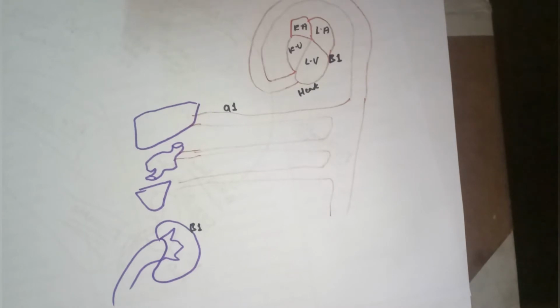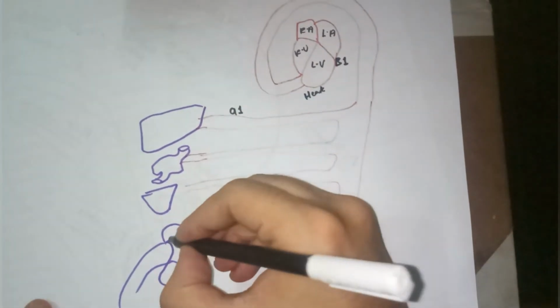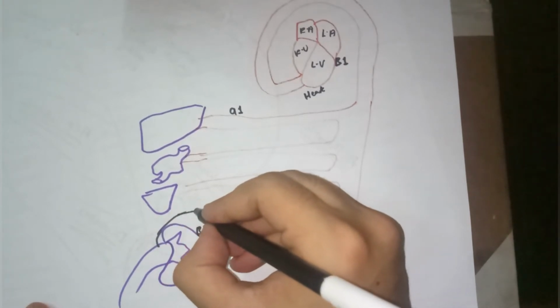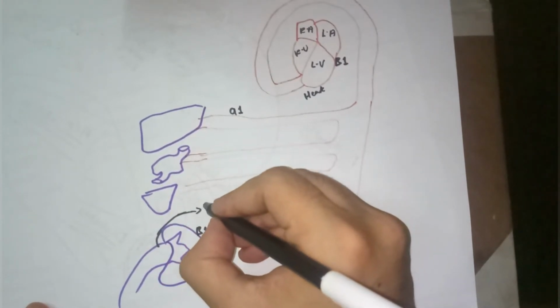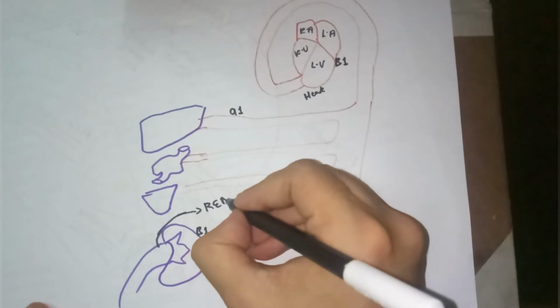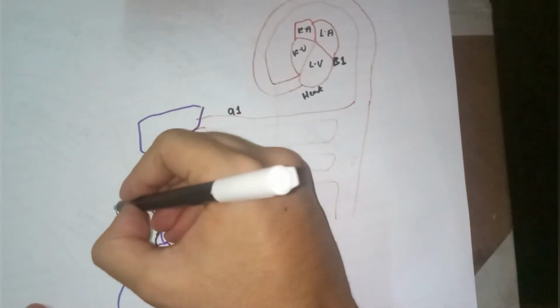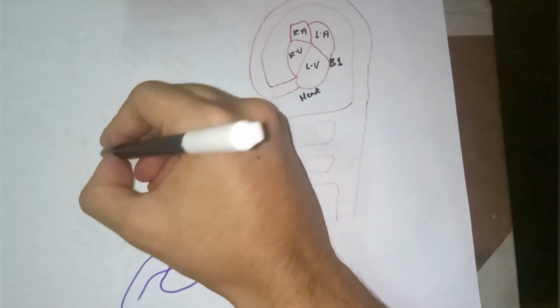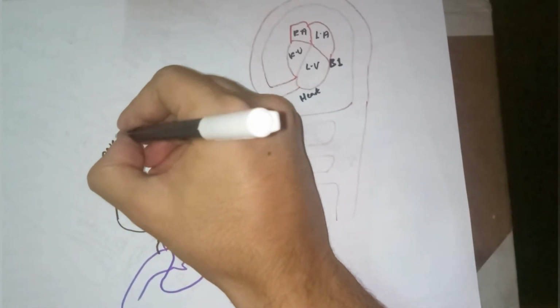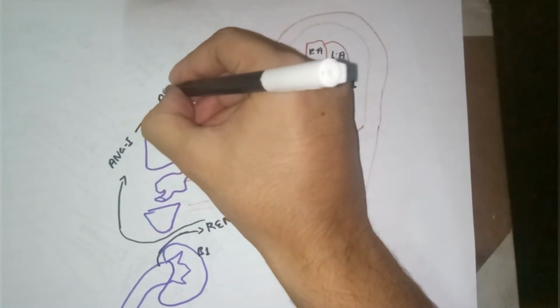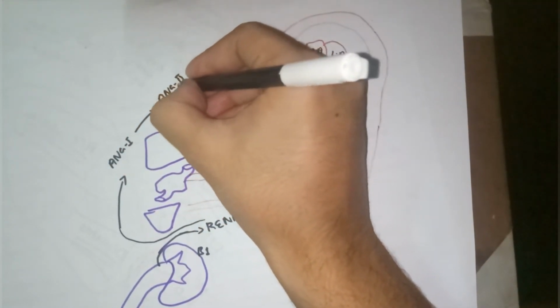And what does the kidney secrete when it finds that less sodium is coming to it? It secretes renin. And what does renin do? Renin goes and converts angiotensin 1 into angiotensin 2.